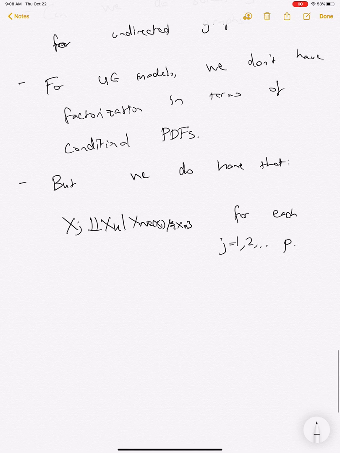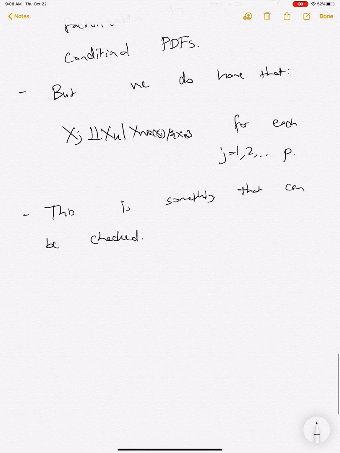So this is something that's pretty straightforward to check. I'm not going to go into too many details about this, but this statement is actually equivalent to what I wrote earlier.